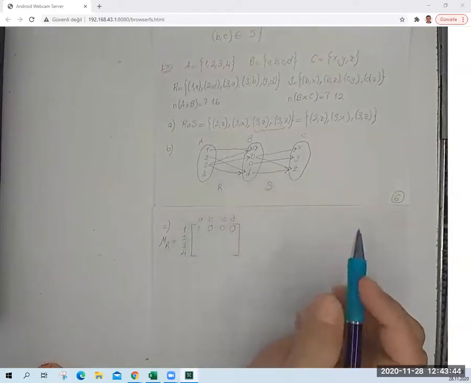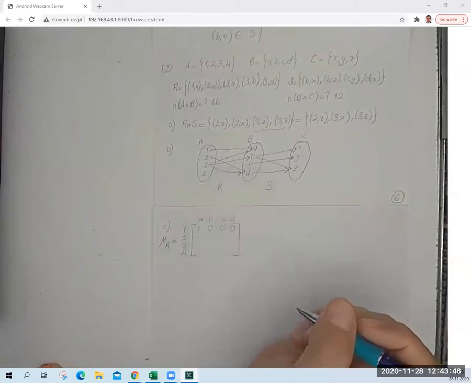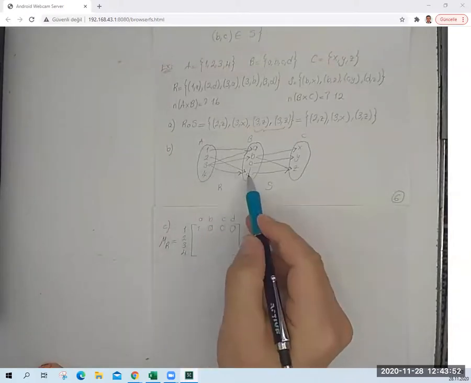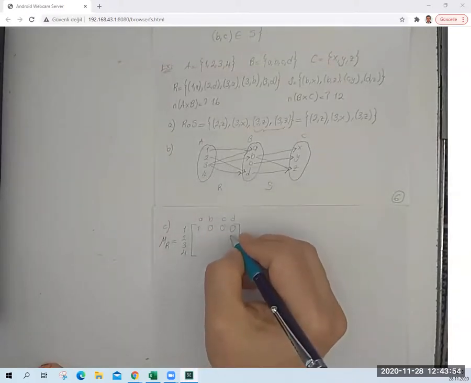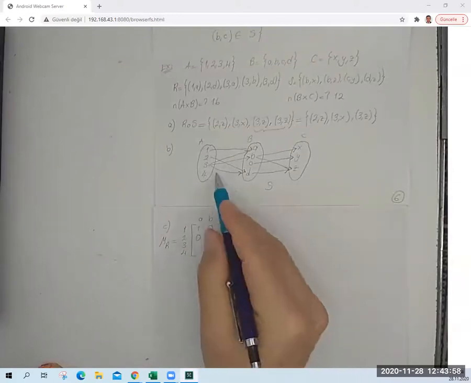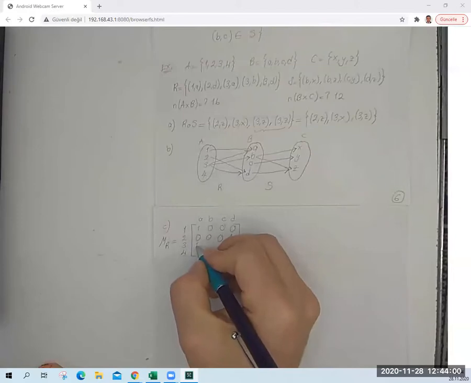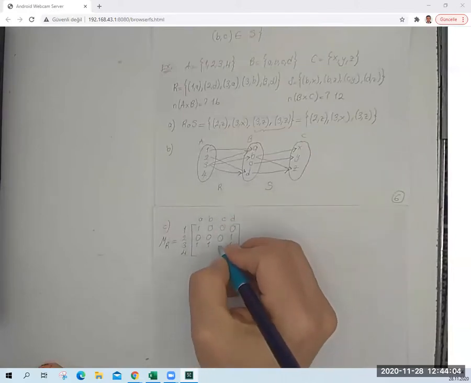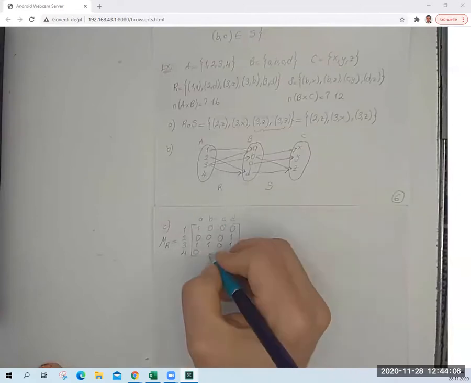Let's look at the matrix form also, Emre. There is 2 to D, right? I have that here and the rest are zeros, and 3 has B and D here and zeros elsewhere, and there is no 4.